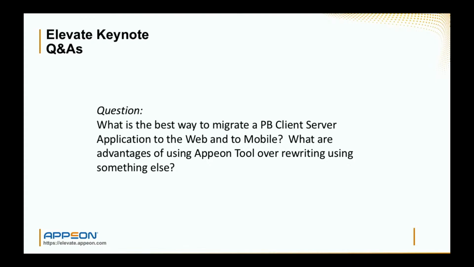Question: what is the best way to migrate a PowerBuilder client-server application to the web and to mobile? What are the advantages of using Appian tool over rewriting using something else? The best way possible is to use the upcoming PowerServer 2021. The applications are deployed to the web and will still run natively on the Windows desktop with the functionality and UI of desktop application.